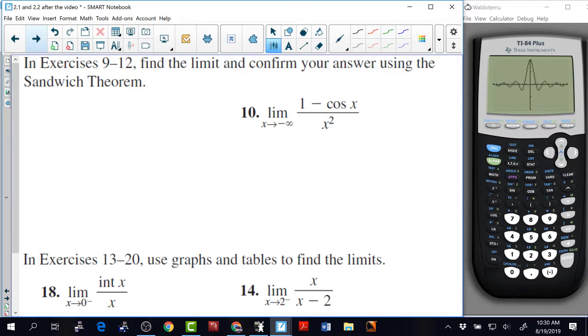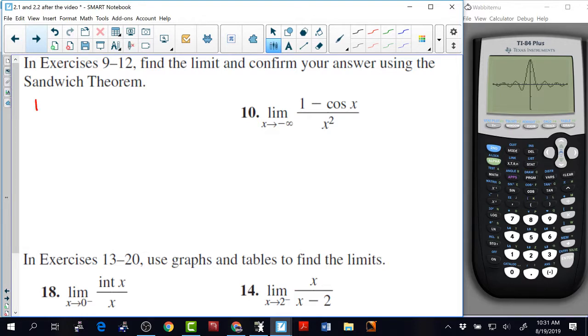Find the limit and confirm your answer using the sandwich theorem. What's the highest value you can have for cosine? It's the biggest value. 1, right? The biggest you can have is 1.